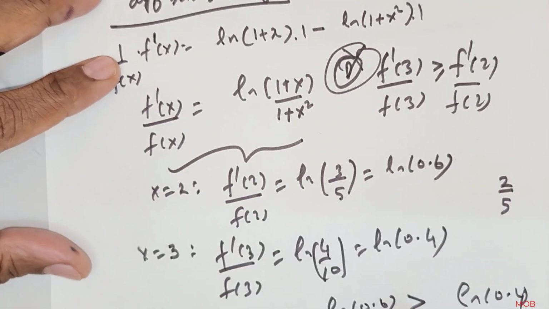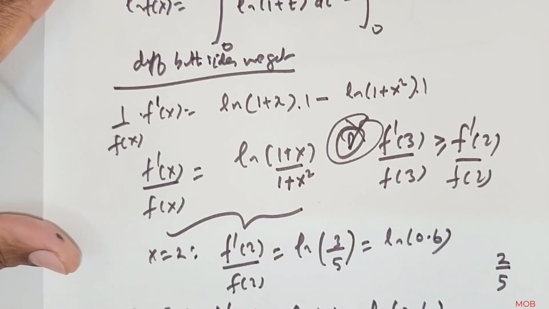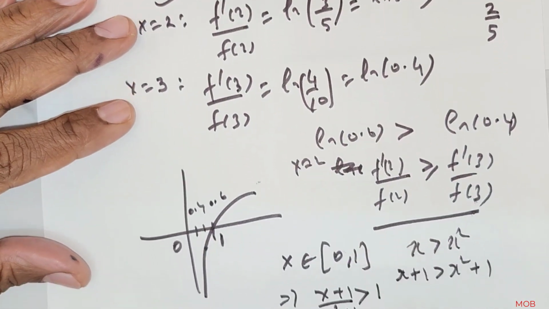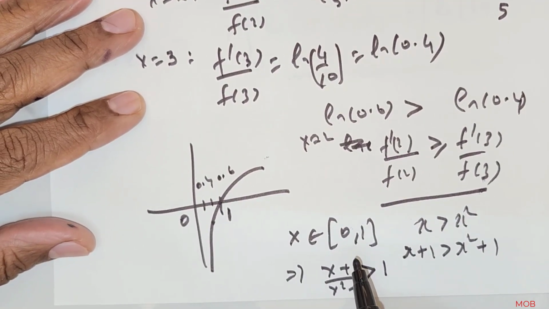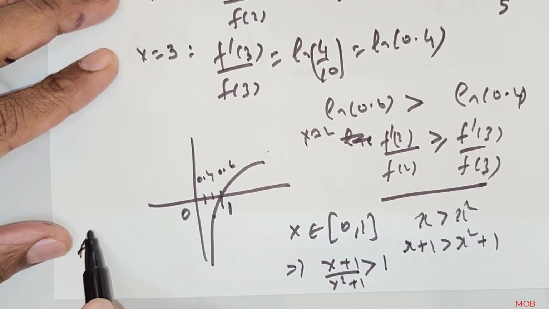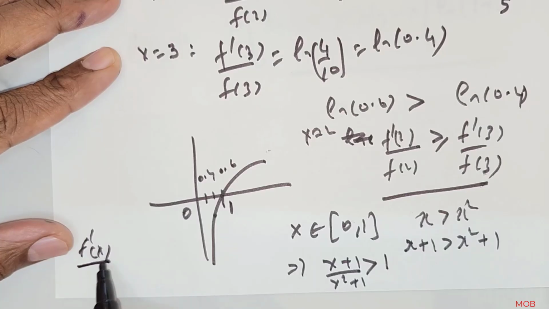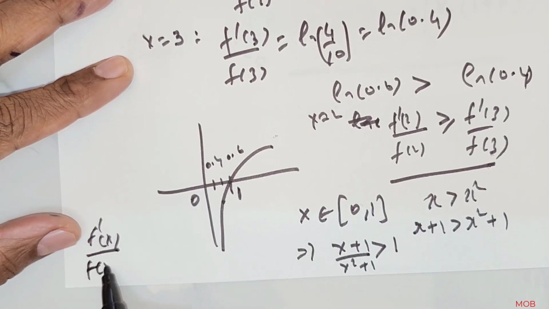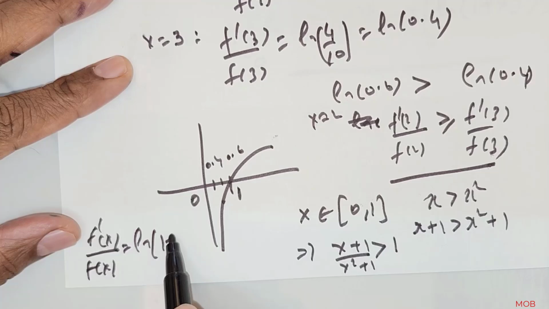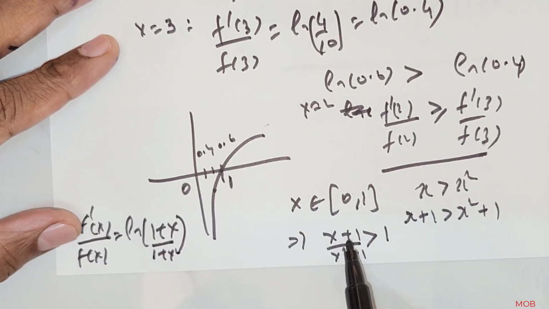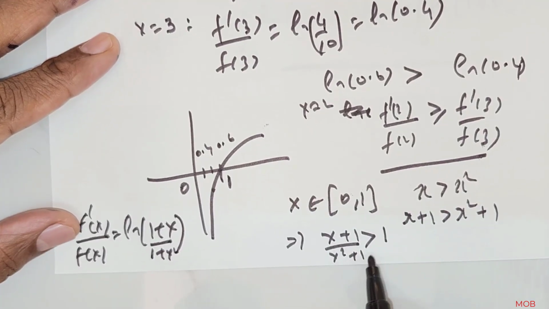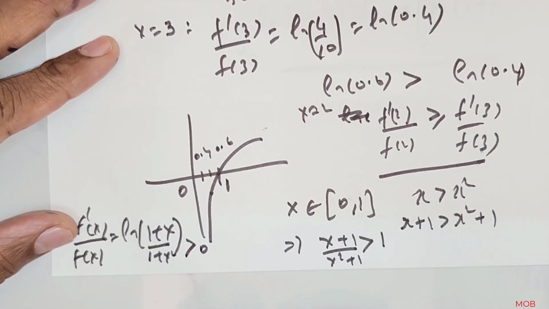So let us go back to the actual ln. We have f dash of x divided by f of x equal to ln of (1 plus x) divided by (1 plus x squared). Because (x plus 1) over (x squared plus 1) is greater than 1, this is going to be positive.